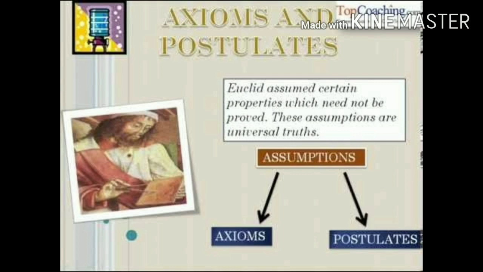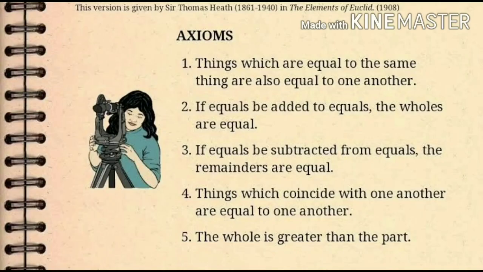And postulates are considered as the statements which are particular to geometry and are accepted without any question. These axioms and postulates are very important. Now let us look into axioms which was proposed by Euclid.